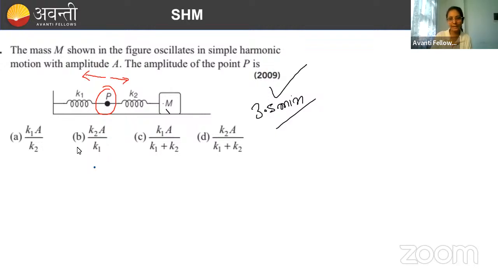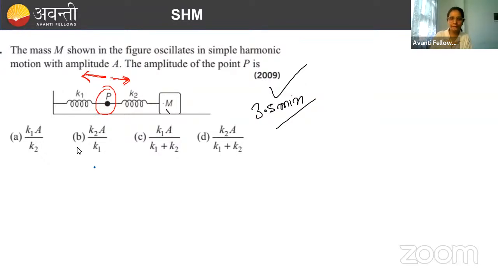So that will get guided by the maximum distance or maximum extension or compression of which spring? Just tell me that first. Yes, once that is known, the question is solved now.